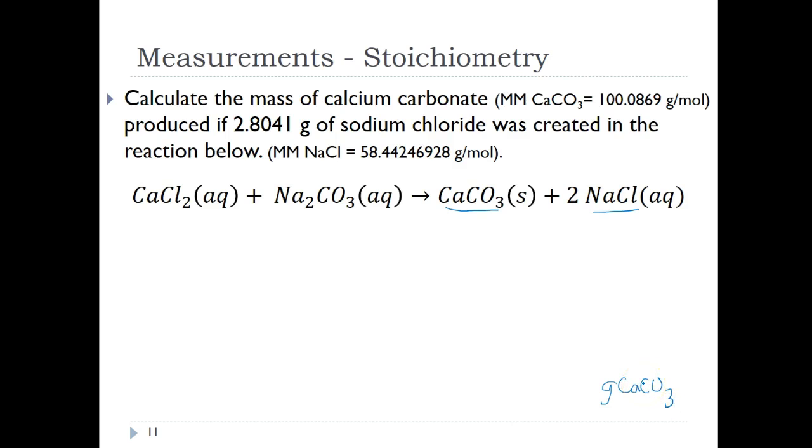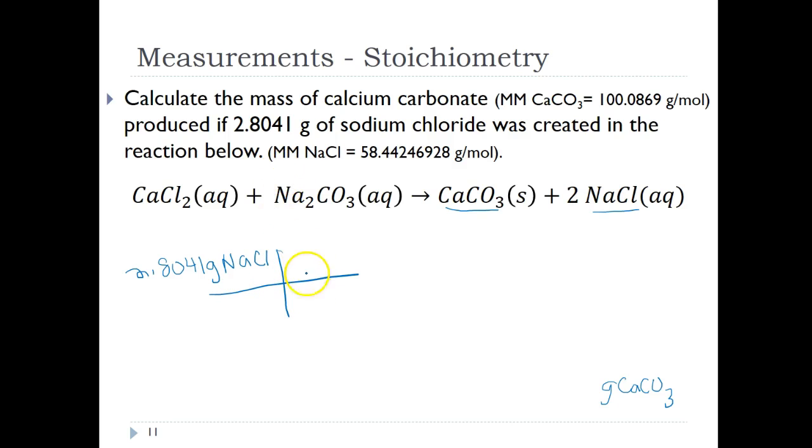Okay. And the information we were given is 2.8041 grams of sodium chloride. So I just need to start doing unit factors to cancel out grams of sodium chloride until I get to grams of calcium carbonate. So the unit factor I can use to cancel out grams of sodium chloride is the molar mass.